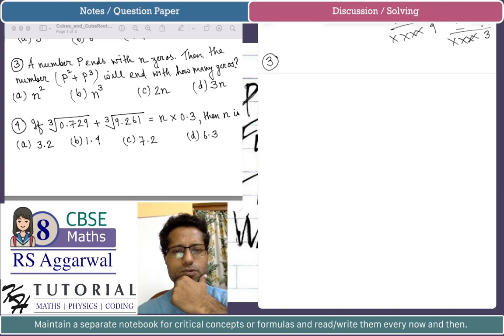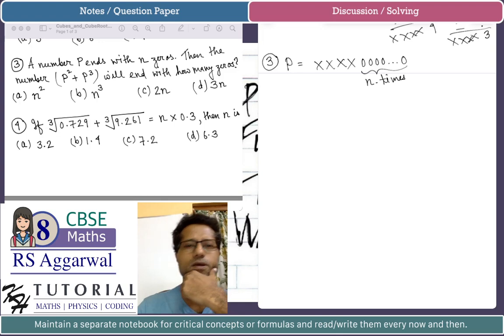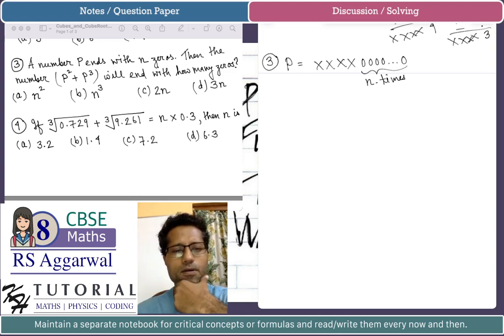So p is a number where x are some digits, and we have n zeros at the end. So we can see there are n zeros at the end. Then the number p square plus p cube will end with how many zeros?